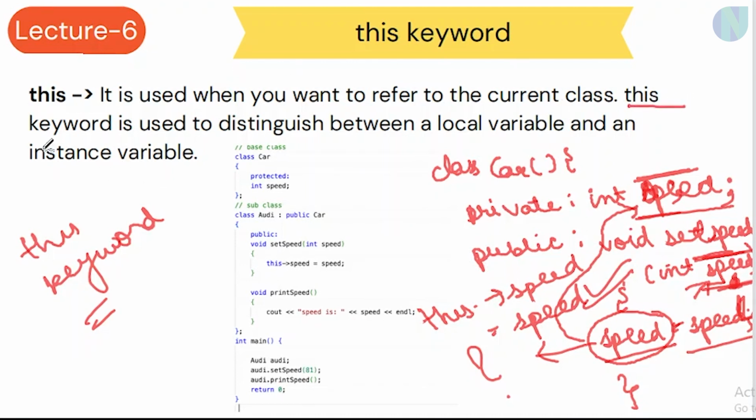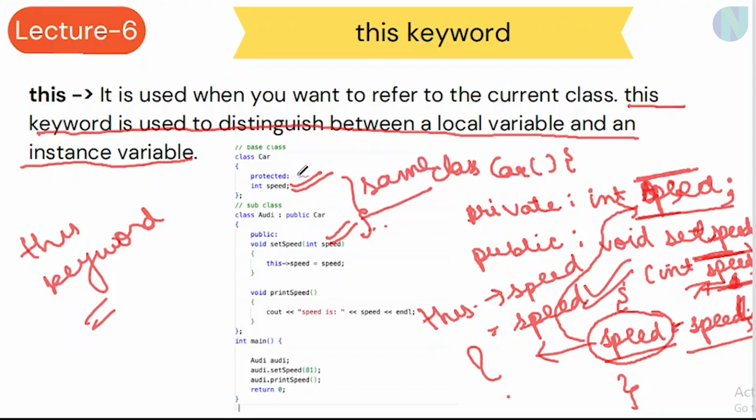This keyword is used to distinguish between a local variable and an instance variable. As you can see, this is a local variable and this is an instance variable. Whenever we want to differentiate between these two variables, when the names of the two variables are the same, we use this keyword.